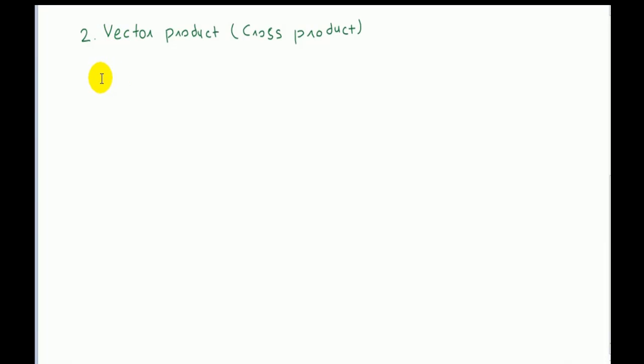Now we will see the second type of vector multiplication, that is the cross product. The cross product is also known as the vector product.